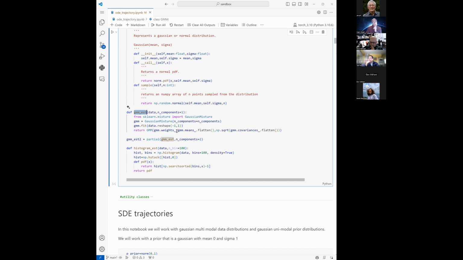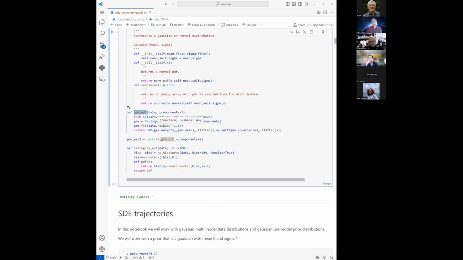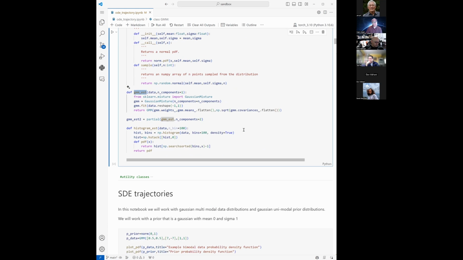There's a place where I want to use estimate densities, and I'm using scikit-learn, Gaussian mixture models, which has a fit. So you can declare a Gaussian mixture, and then you can fit it to the data.